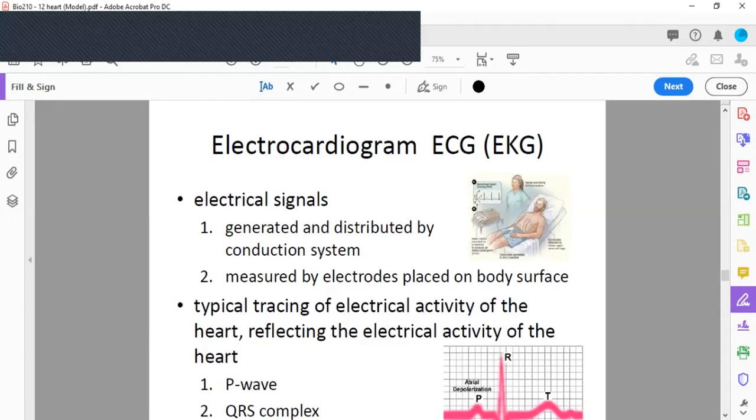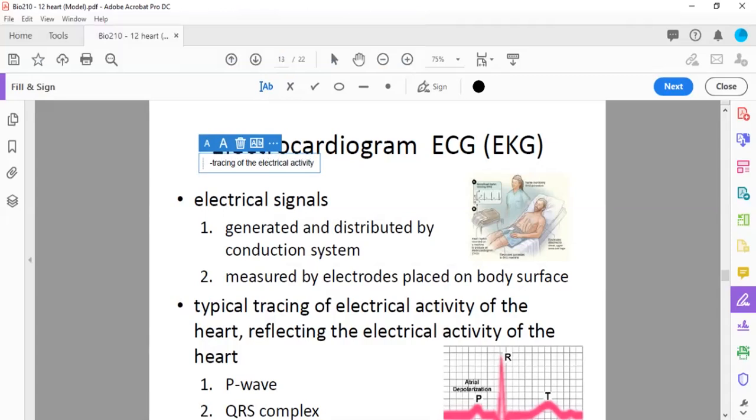So the EKG is a tracing of the electrical activity produced by the conduction system of the heart.